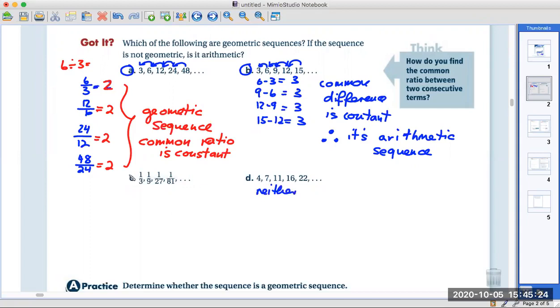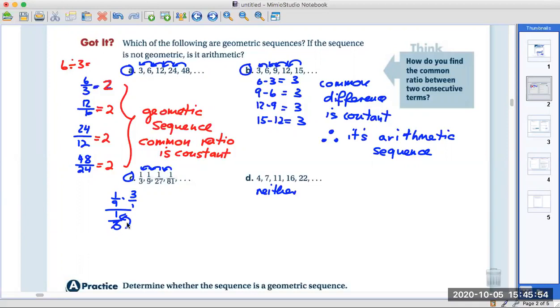And I thought for the heck of it, I'm going to show you this one because it's got the fractions. And you go like, oh, what do I do? Not that hard. 1/9 divided by 1/3. I'm going to show you how to divide two fractions. Remember the saying, dividing fractions, it's no lie, flip the second and multiply. So when dividing fractions, it's no lie, flip the second fraction and multiply.